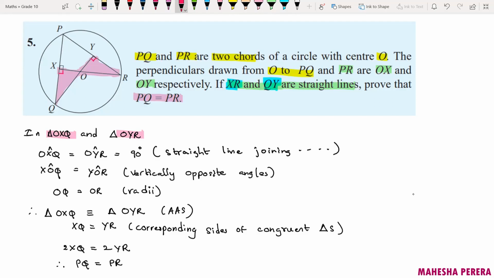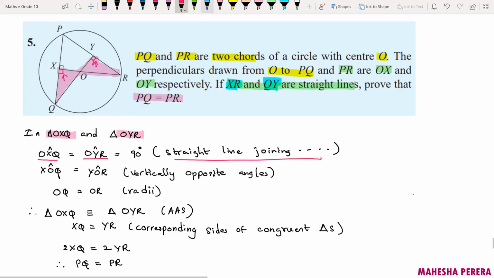So we can write that angle OXQ, this angle, and angle OYR, this angle, are equal to 90 degrees because of our theorem related to chords of a circle. So you need to write the theorem. I didn't write it fully.